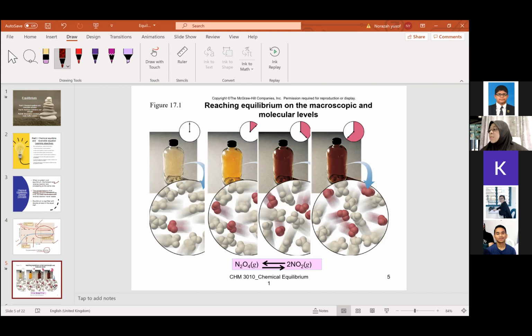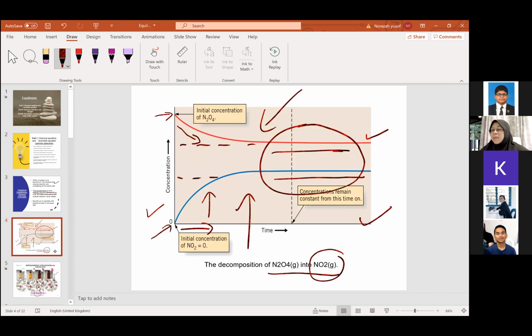When it has achieved equilibrium, this is based on color, the rate of the forward reaction and the rate of the backward reaction are the same, but their concentrations are not the same. You can have a look back at the graph.